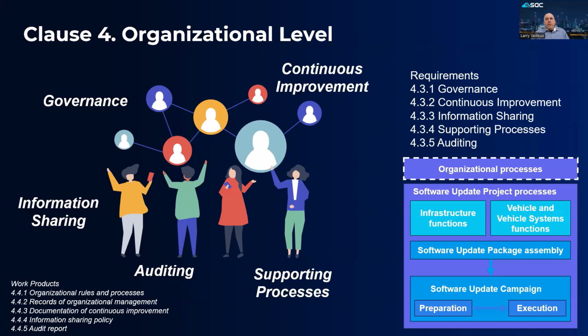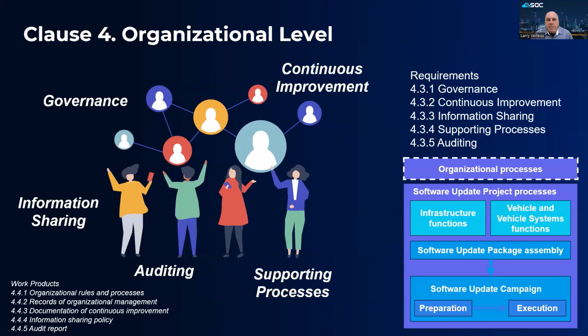As we go through each clause here and following, each subclause 3 requirement is represented in the upper right-hand section. So for this example, for the organizational level, the governance, continuous improvement and such are subclauses 4.3.1 and 4.3.2 respectively.